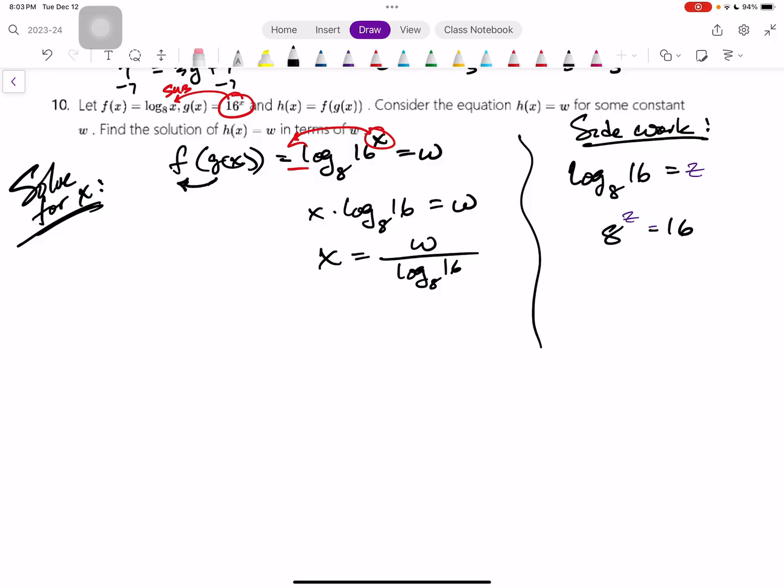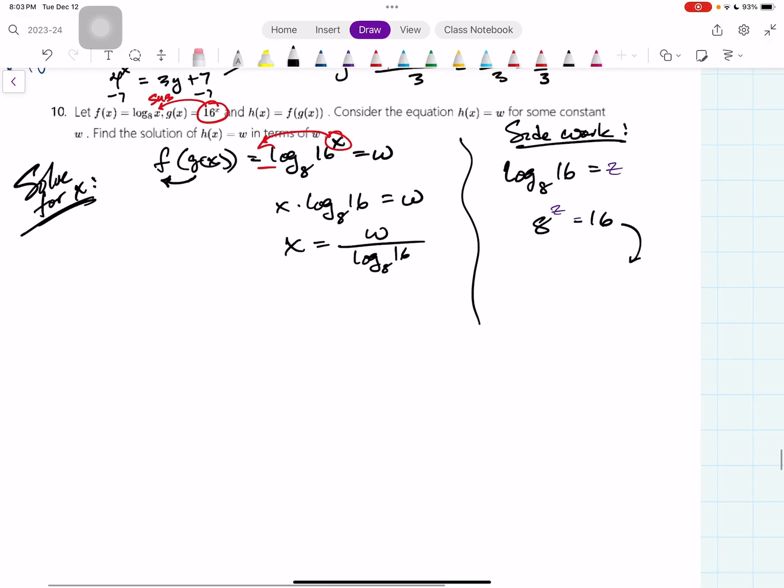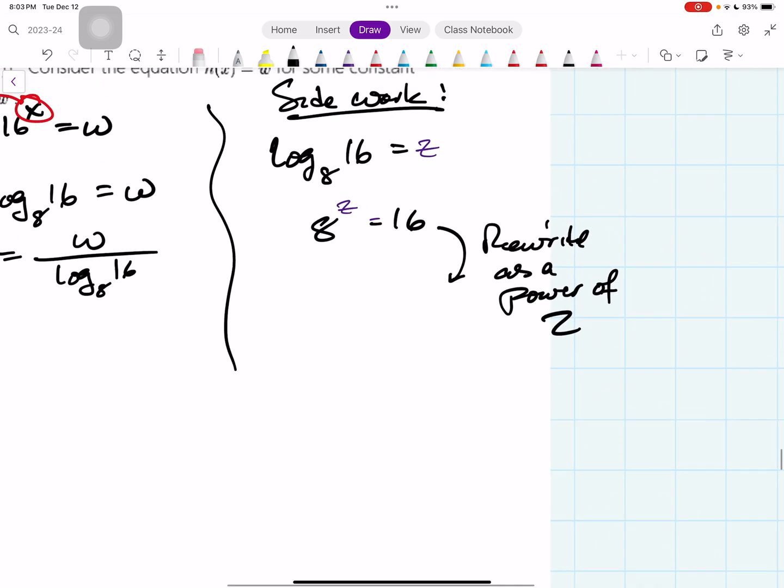So now what I'm going to do is rewrite each number, 8 and 16, as a power of 2. So 8 is 2 cubed, raised to the Z power, and then 16 is 2 to the 4th.